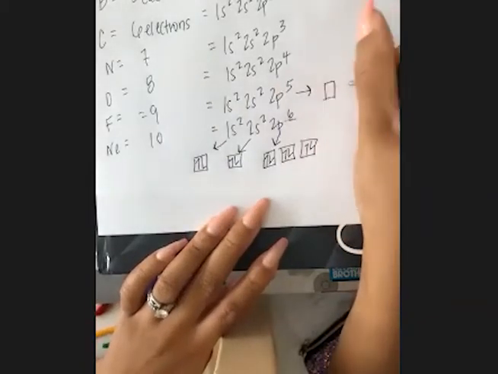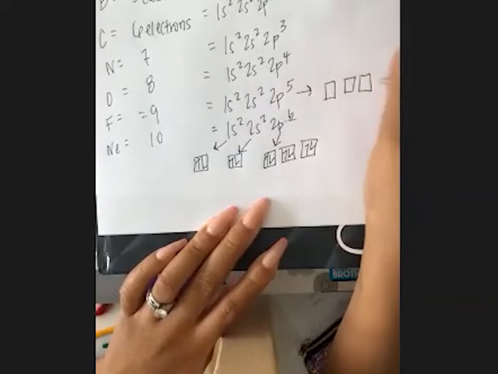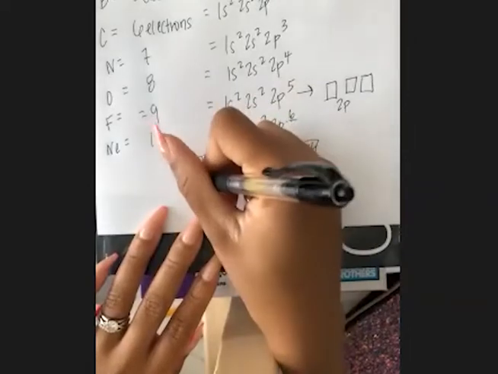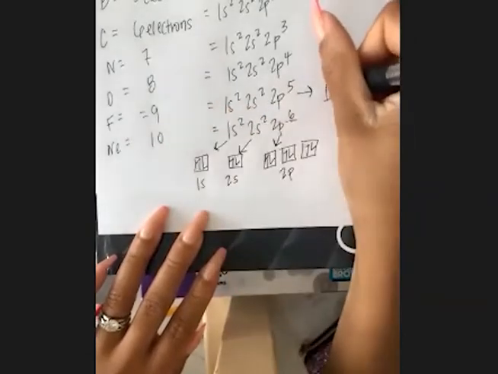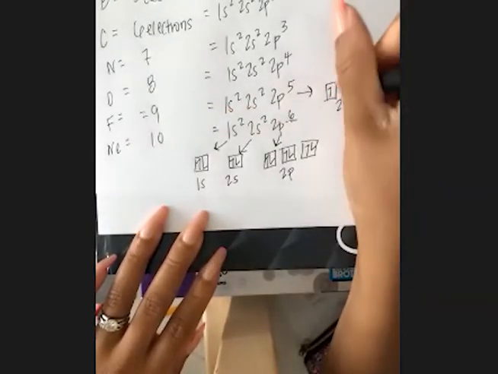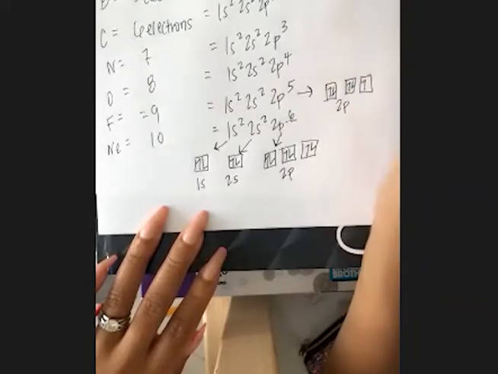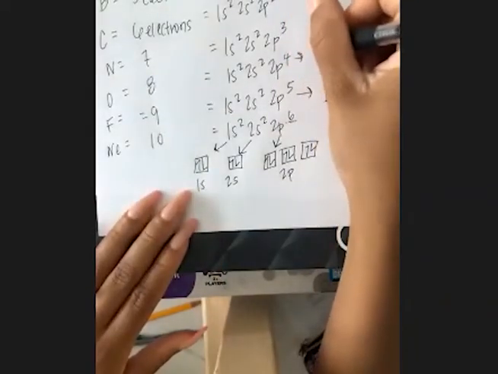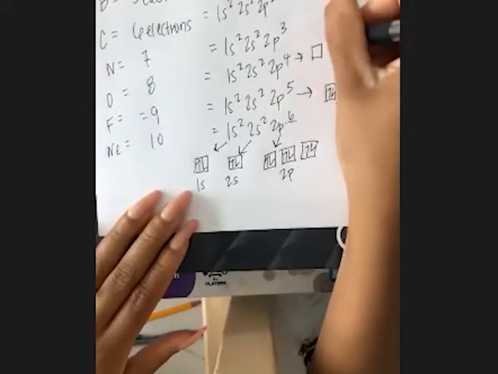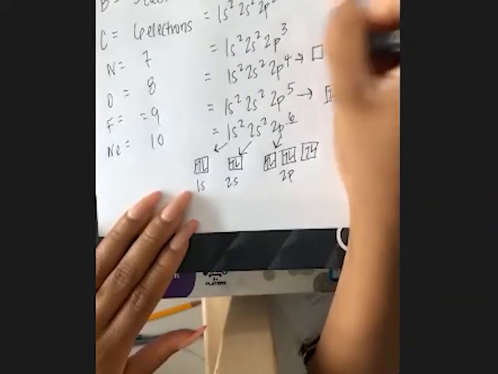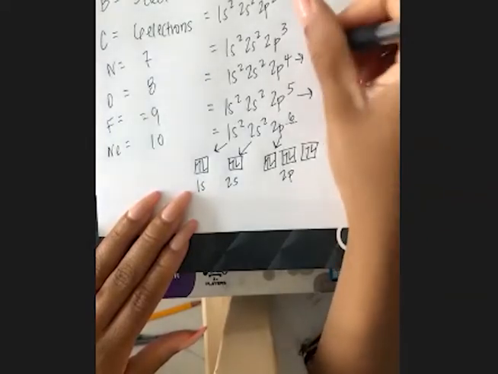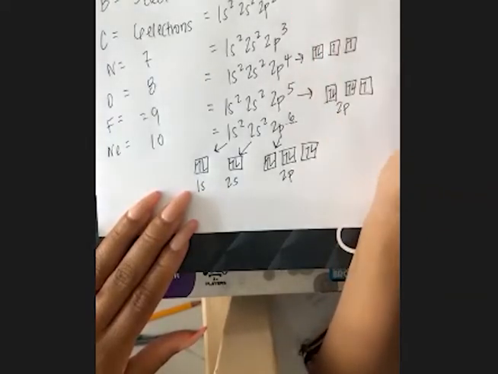2p5, when I draw out these 3 p boxes, and let me label them. So this is 2p, this is 2s, this is 1s. I'd say 1, 2, 3, 4, 5, like this. If I'm drawing the 2p out for oxygen, it's 1, 2, 3, 4, instead of 1, 2, 3, 4 in the same paired way, is what I'm getting at.